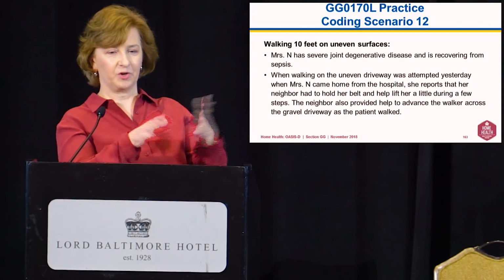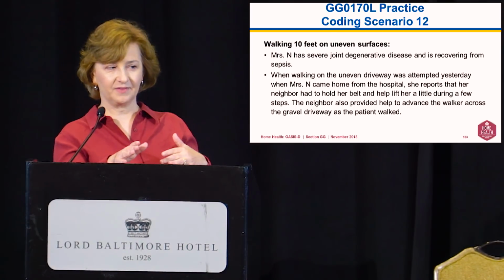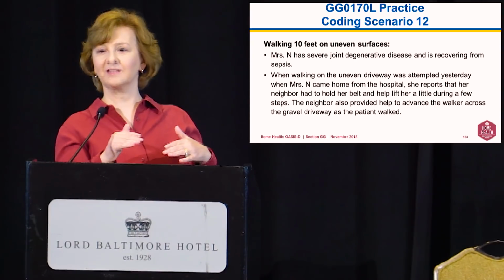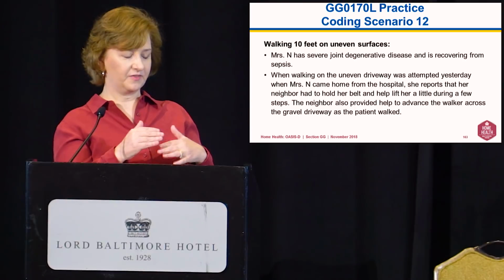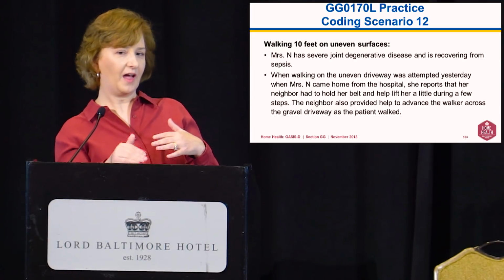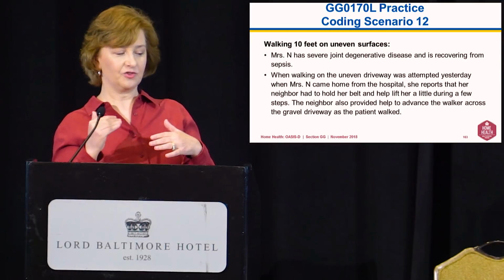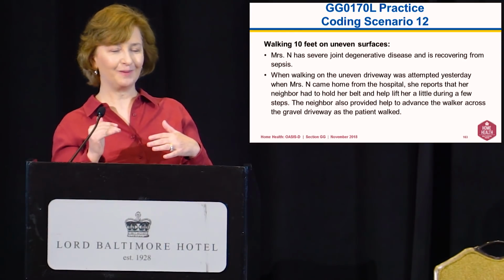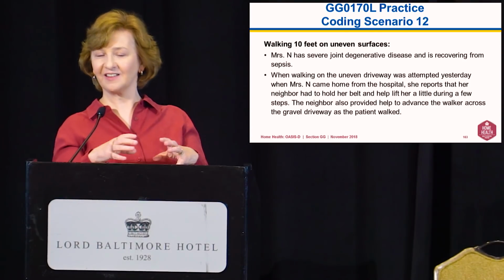So the person's not independent. This is more than setup, cleanup assistance. Is it more than supervision, touching assistance? Yes. So then the next decision needs to be, there's a helper providing physical assistance. It says that she's holding onto her belt, helping lift her a little bit during some steps. So the helper is definitely doing some lifting assistance.